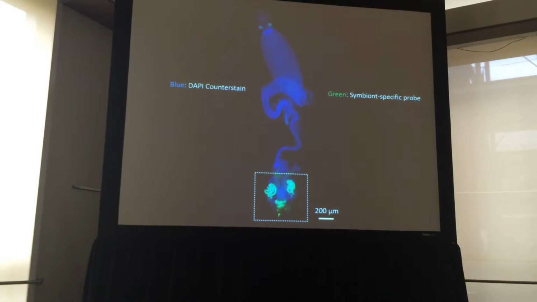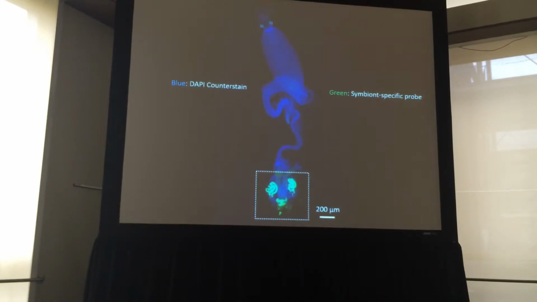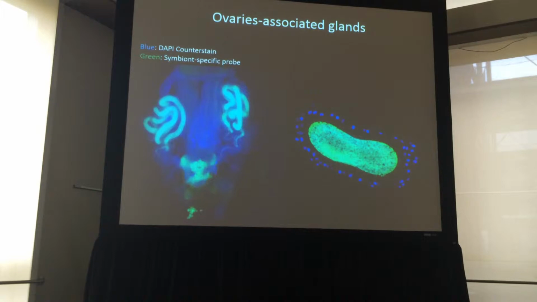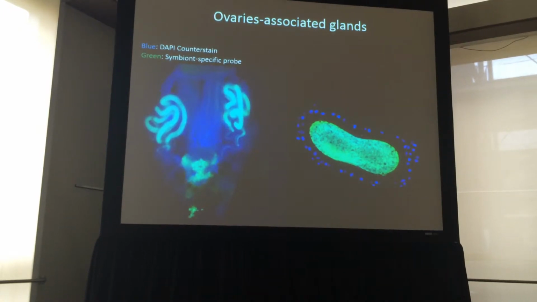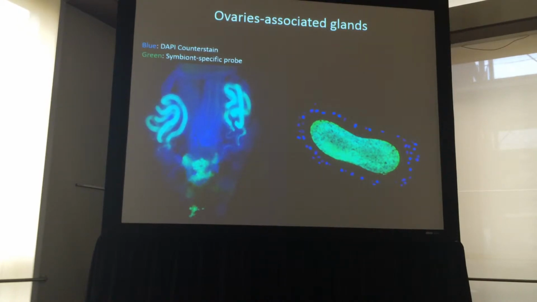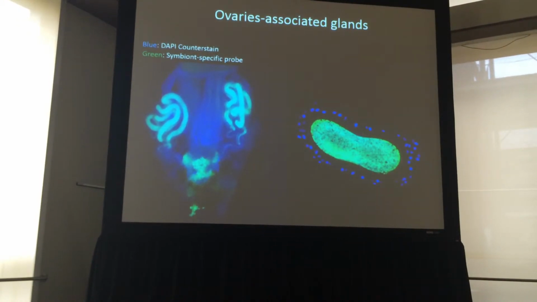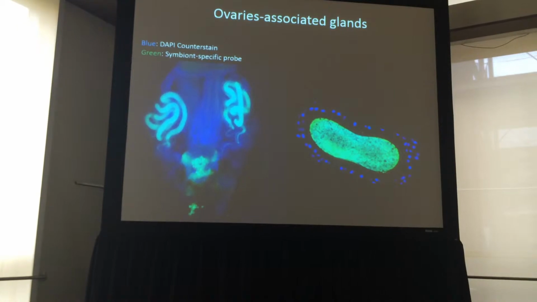This is also the case when we took a closer look at these accessory glands associated with the ovaries. Again, there's a really dense symbiotic population associated with these finger-like structures, but the unifying feature is that the symbionts are nonetheless extracellularly localized.